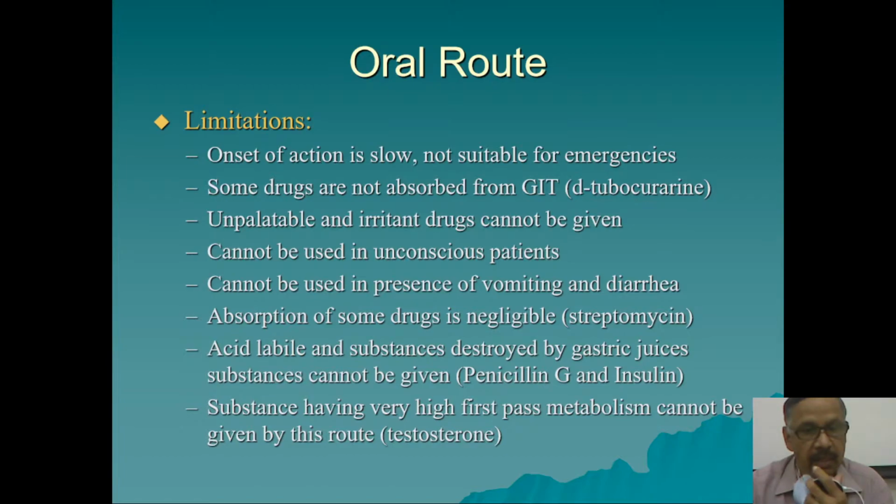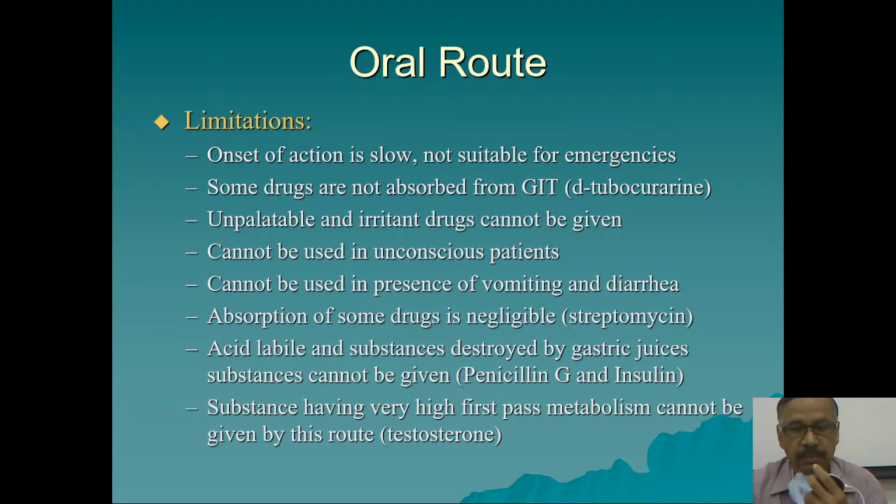Unpalatable and irritant drugs cannot be given. The most bitter in taste or irritant drugs should not be given by oral route. It cannot be used in an unconscious patient and cannot be used in the presence of vomiting and diarrhea. So you have to rely on the parenteral route of administration.